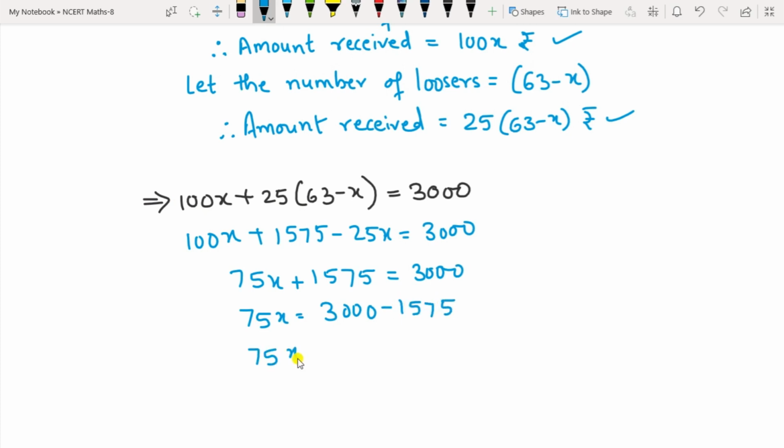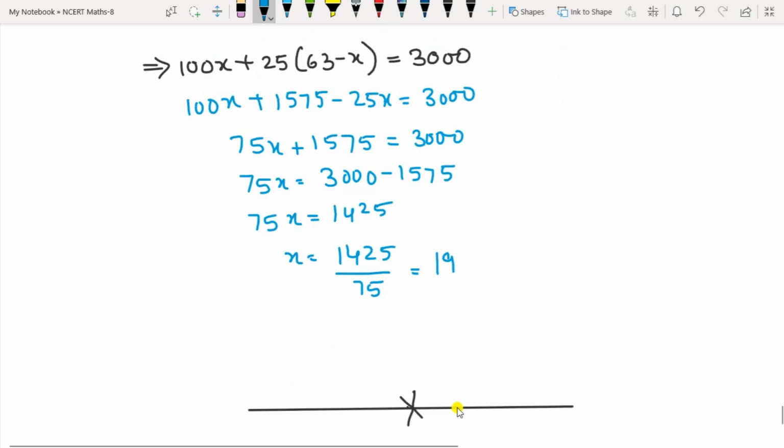So 75x is equal to 3000 minus 1575, that gives 1425. So x is equal to 1425 divided by 75, which is 19.